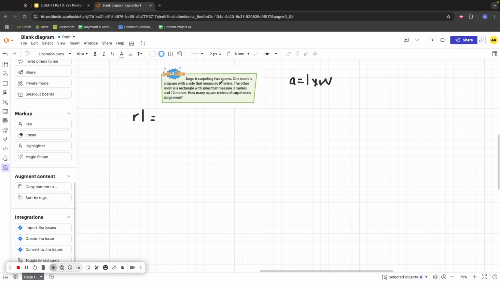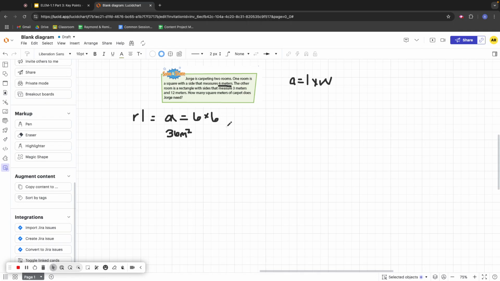So in this first room, I can use what I know about squares to write this formula out. Area will equal length, which is 6, and because it's a square, I know that my width is also 6. That will give me an area of 6 times 6, which is 36 meters squared.